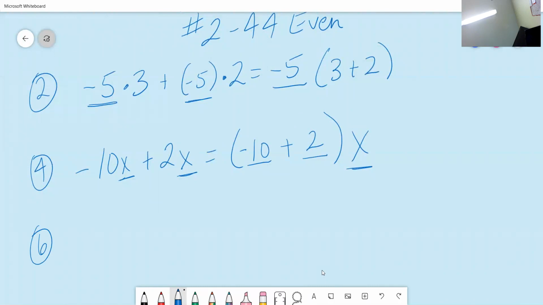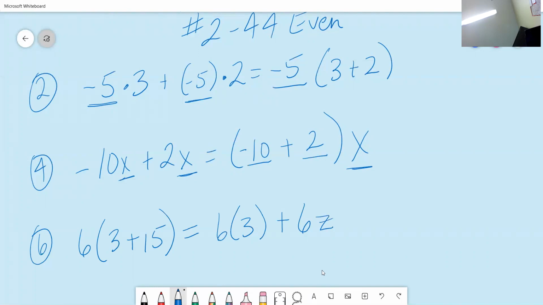All right, so numbers 6 through 10, we want to use the distributive property to find the value of each variable. So in number 6, we're given 6 times 3 plus 15 equals 6 times 3 plus 6 times z.